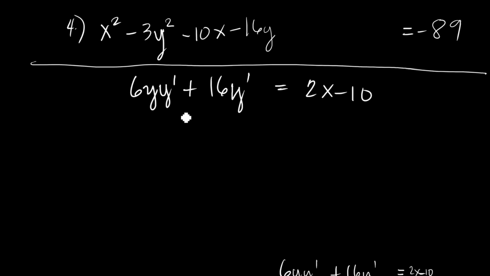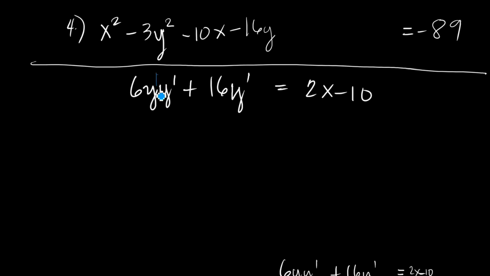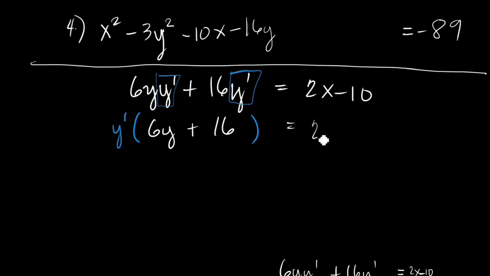Again, you need to factor or come up with one y prime only. So what you can do is put it before, so you factor it out. What will be in the parentheses? We do have 6y and then 16. Then on the right side, you just copy, so we do have 2x minus 10.